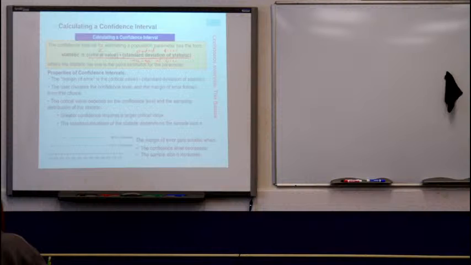Step number 2 is going to be the conditions. We're going to make sure that we have all 3 of these conditions in order to make a confidence interval. Random, normal, independent. There are my 3 conditions. I won't write them all out again. Step number 3. Calculate.